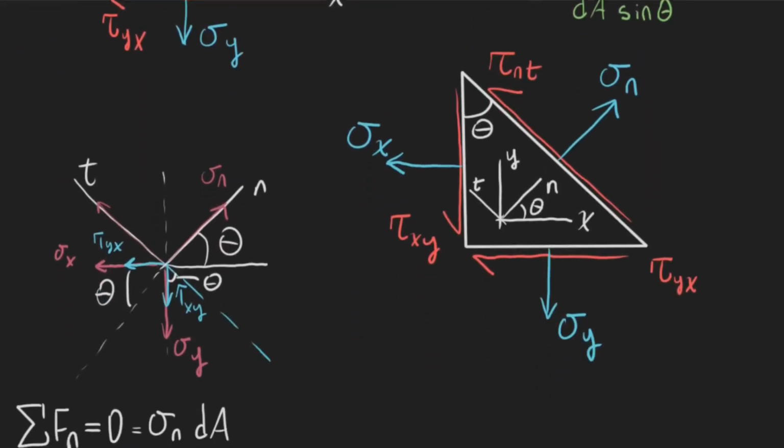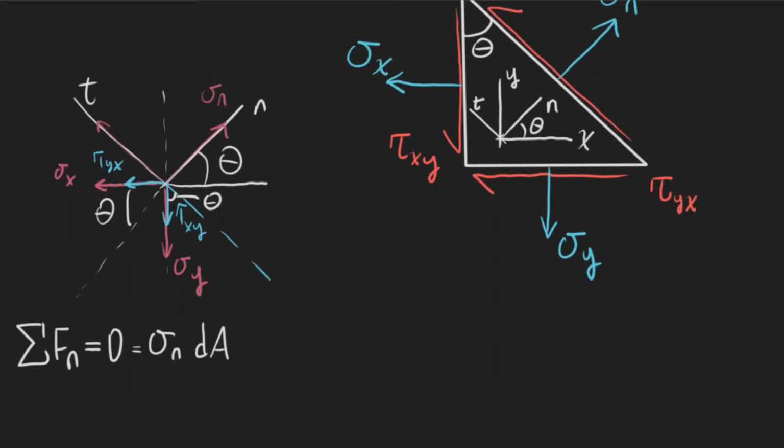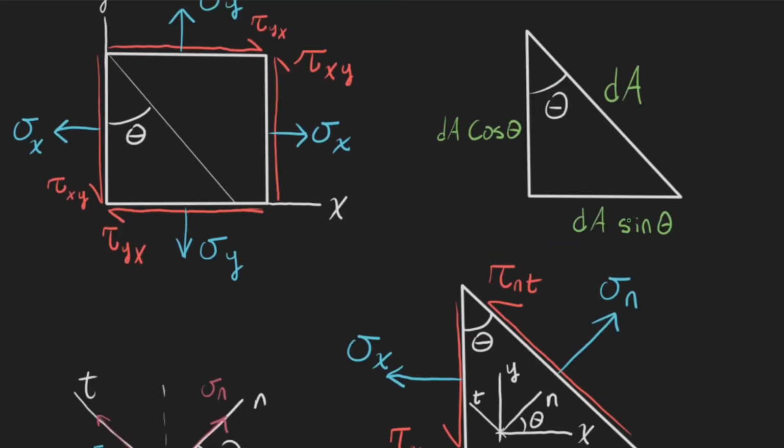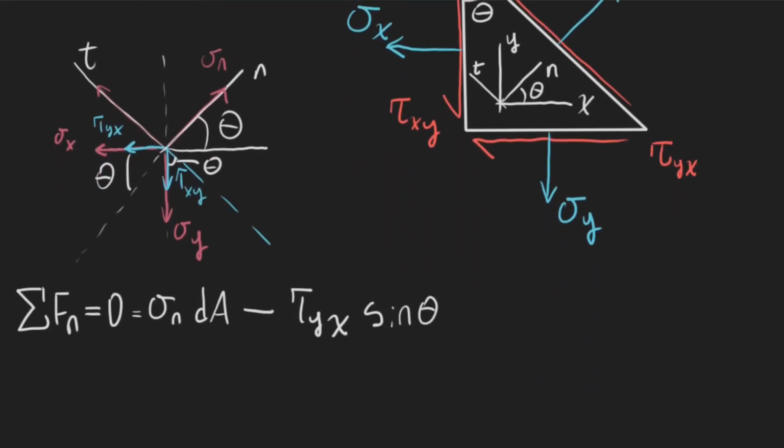Now let's add these up. First, let's do shear yx. So we're going to have a negative shear yx because it's pointing in the negative normal direction. So we'll have a negative shear yx times the sine of theta. Because it's on the bottom right here, we're going to have a sine theta. So I guess we can just call this dA sine theta.